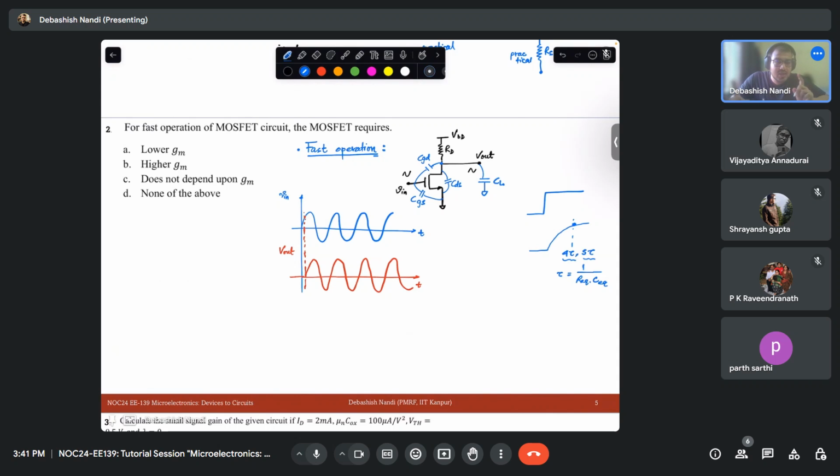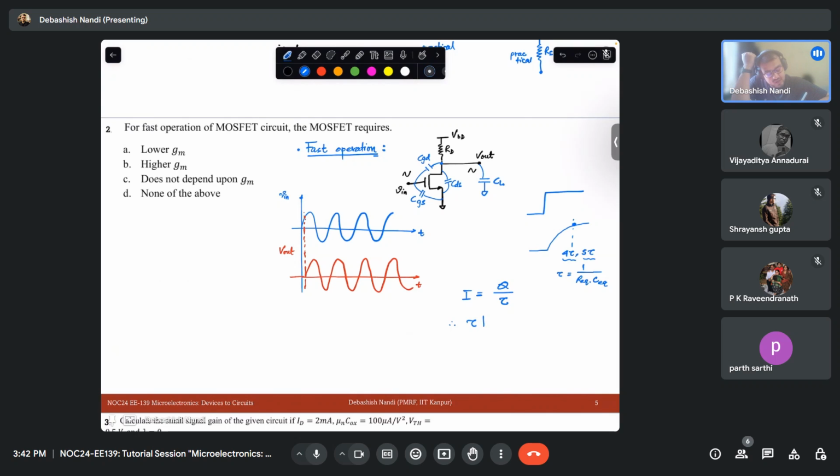Now the question is, does higher current give you less delay, or does lower current give you less delay? We discussed this in the case of digital circuits. I is basically Q by time, right?